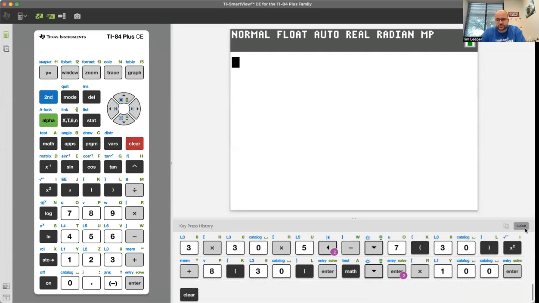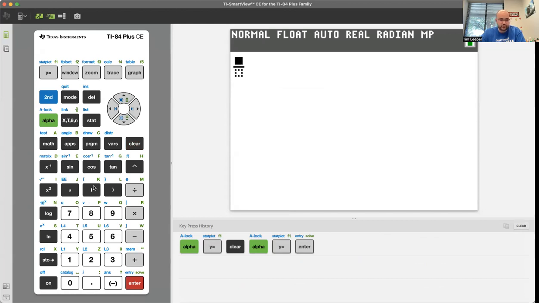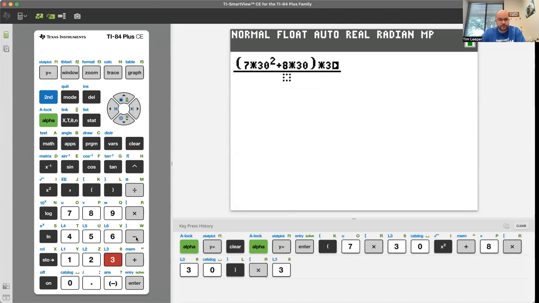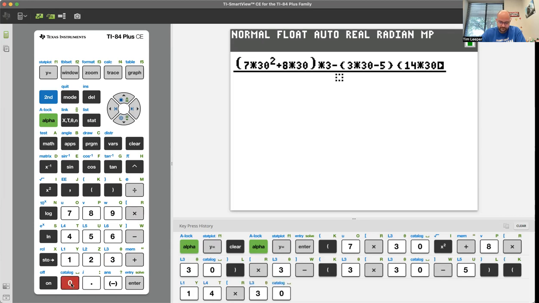Let's clear all this. It's starting to get a little bit cluttered. So alpha y equals enter. Oops. Alpha y equals enter. There we go. We have parentheses 7 times 30 squared plus 8 times 30 times 3 minus parentheses 3 times 30 minus 5, close, times 14 times 30 plus 8.